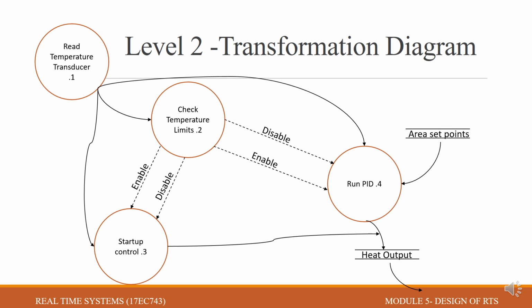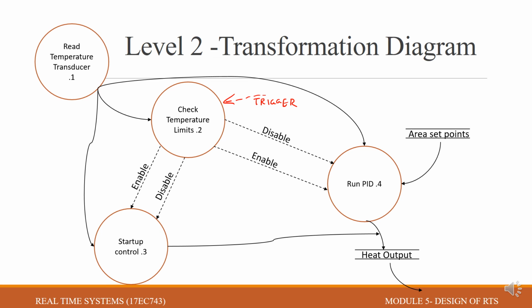Basically we have just broken down the control area temperature that we saw in level 1, and here we have a new name called trigger. This is a prompt again, used to indicate that the transformation is run once each time the trigger becomes true, and it runs in response to either a periodic signal or an event.